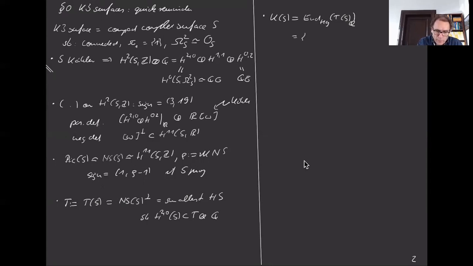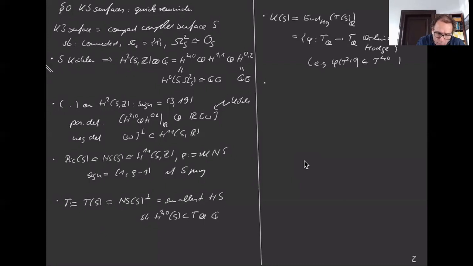So this is the ring of all Q-linear maps which are also compatible with the Hodge structure. So that means, for instance, phi of the 2,0 part is contained in the 2,0 part on the other side. The same for the 1,1 part and the 0,2 part.